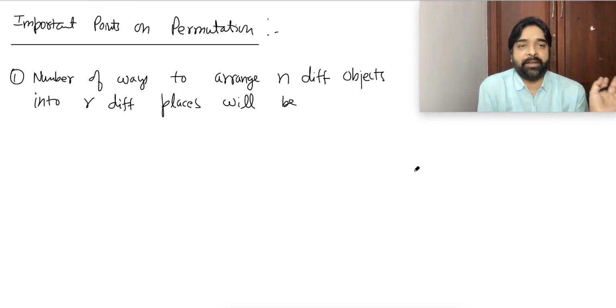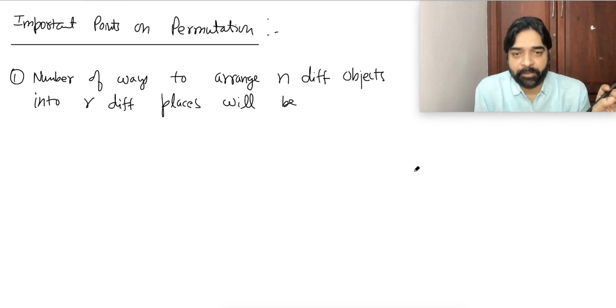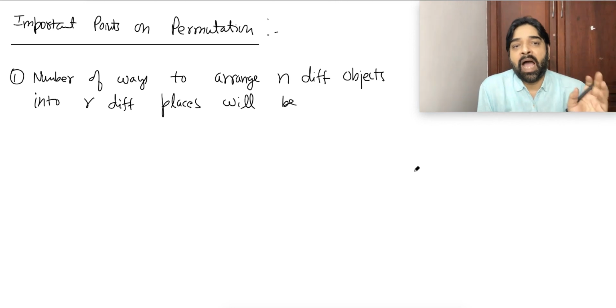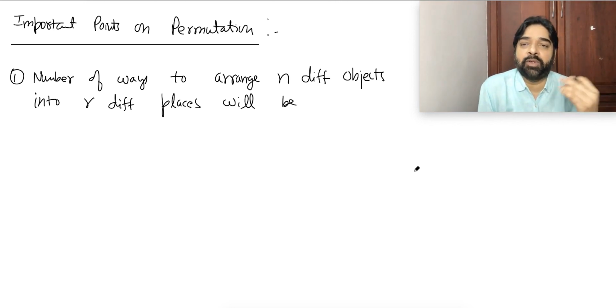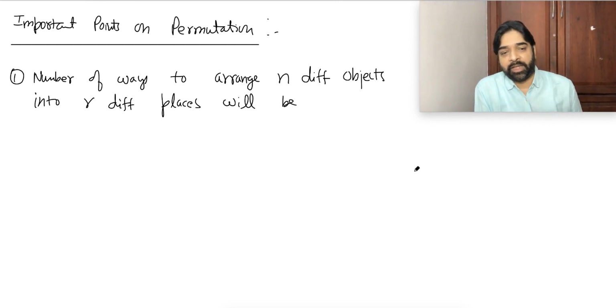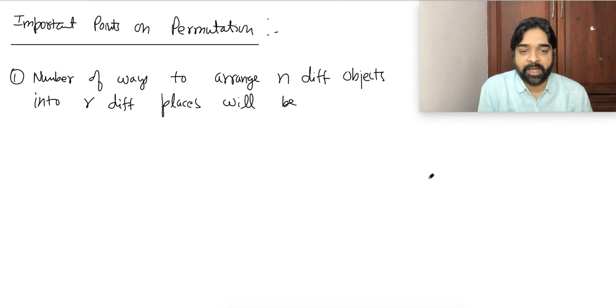Suppose we have n different objects and r places to arrange them in, or in other words, I have n different objects and I want to arrange r objects. Whatever number of objects you are arranging, that many places will be there. Let's derive this and understand carefully.